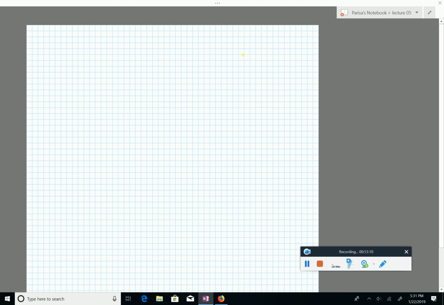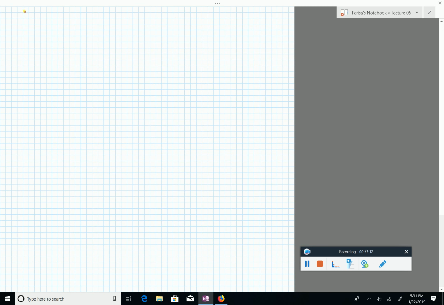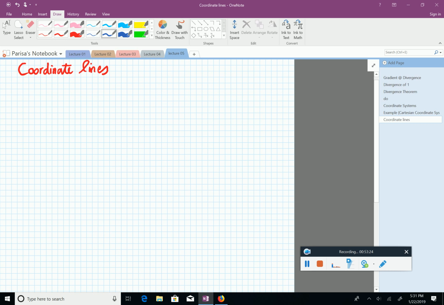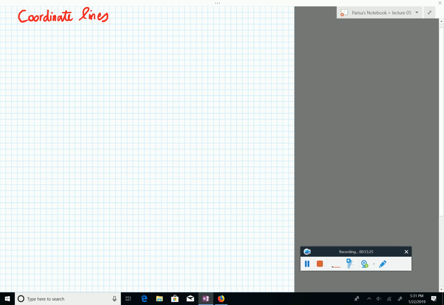So for Cartesian, it looks very similar, very simple. So let me write the definition, and then I'll ask you to draw them.